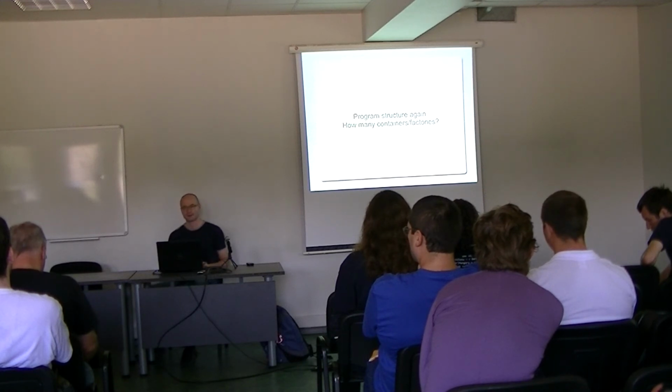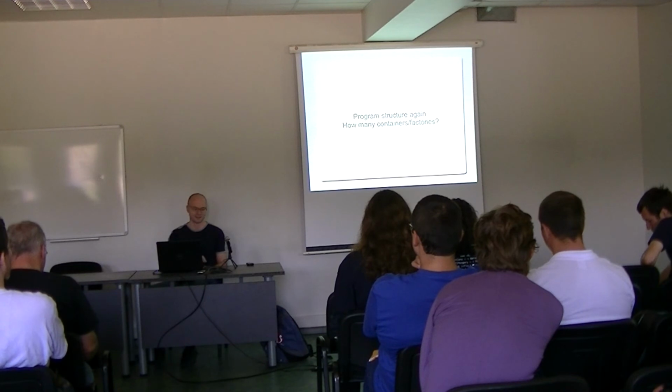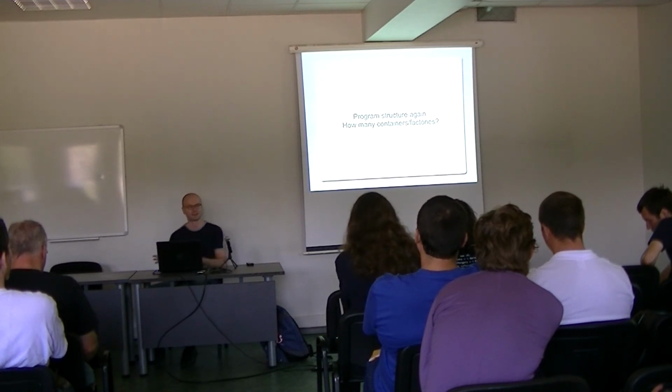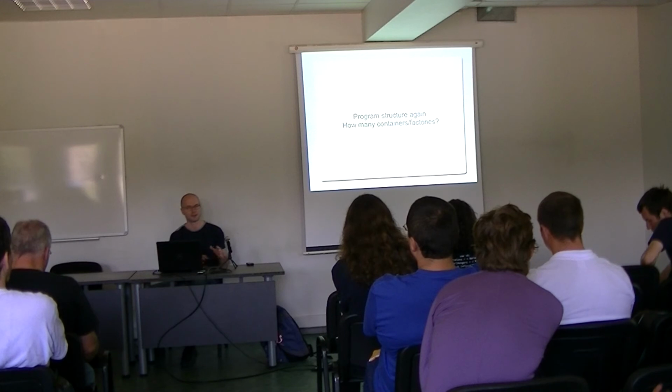So the question is how many places, with how many containers or factories, you need in your program. How many places do you need where you create the objects? Because we say that in the business logic you don't create objects, so where do you create them?